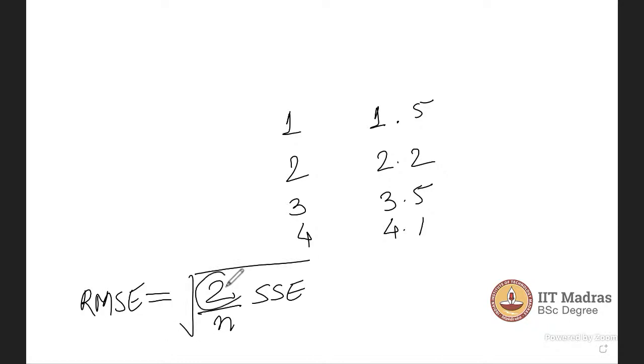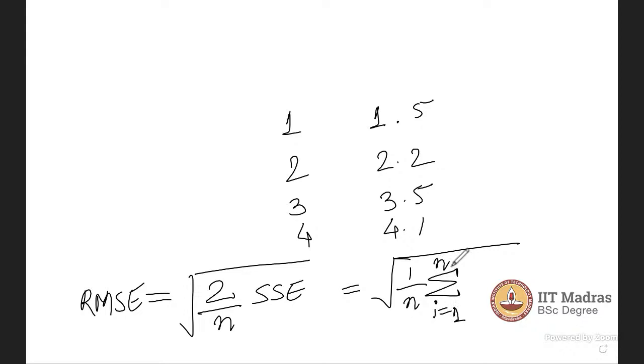I am not sure why 2 is over there, because SSE is 1/2, right? I see. The loss function has the 1/2, SSE doesn't. So something like this we can write: i equal to 1 to n, y minus y predicted, y hat, squared.